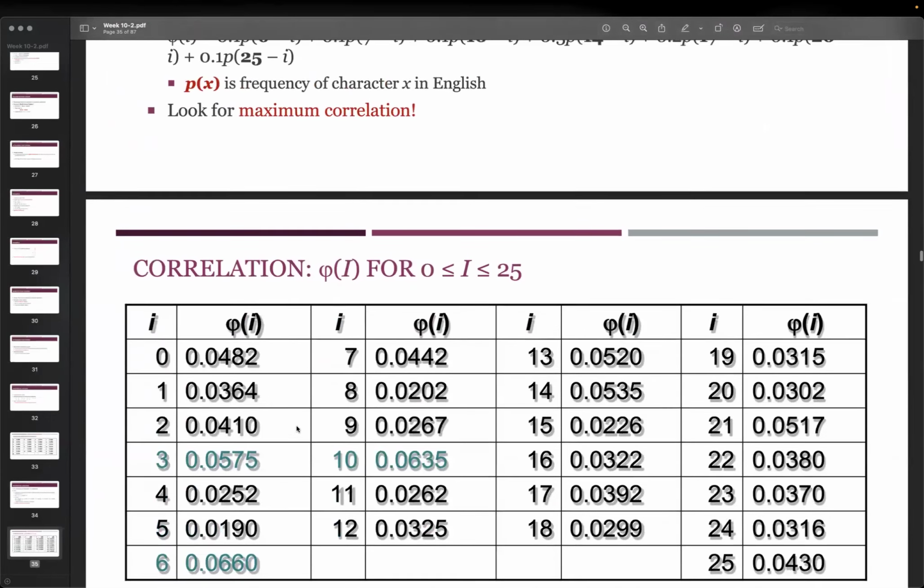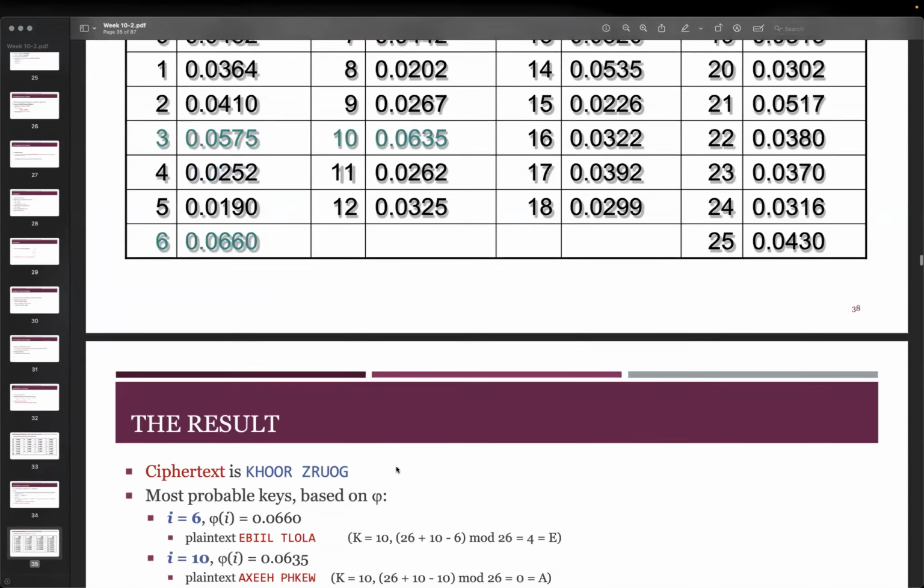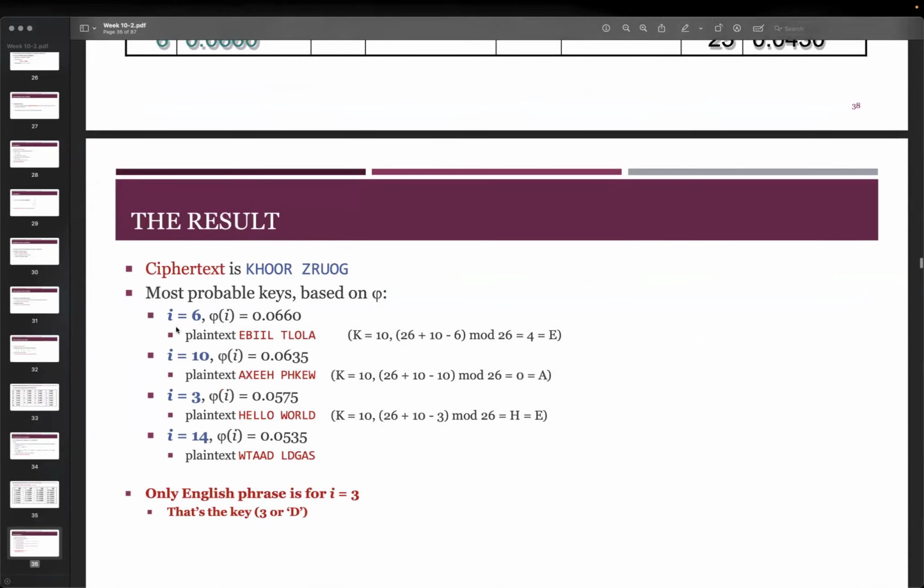Possibly, let's say i equal to 3 will be 0.05, 6, 10, like this. So maybe we choose from 3, 6, 10. When i equals 6, we shift it by that and try it.